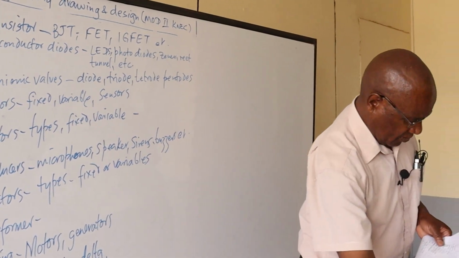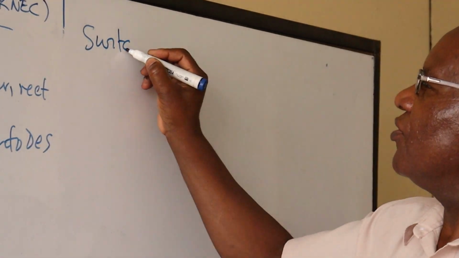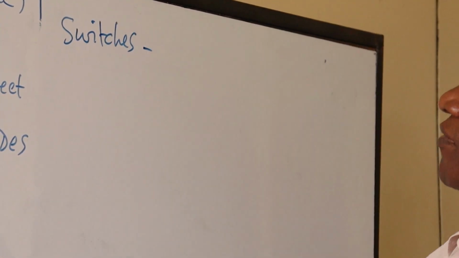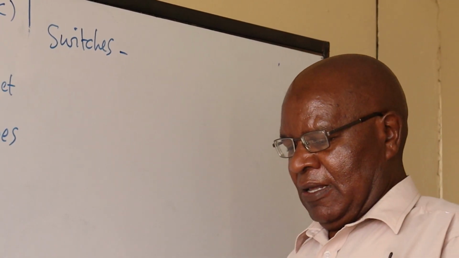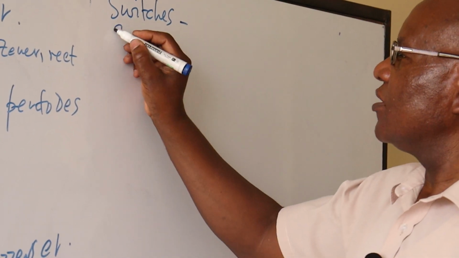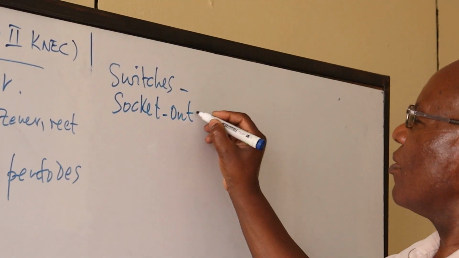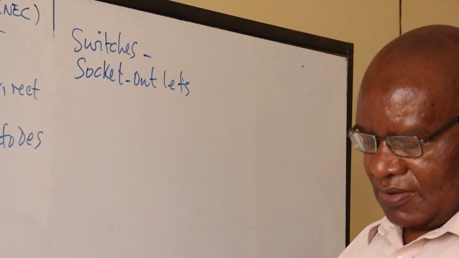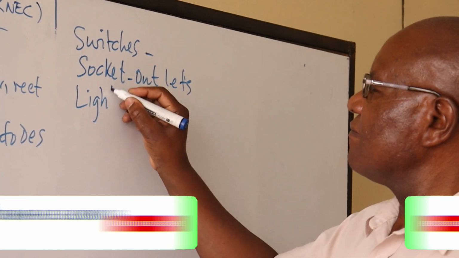All those, their symbols, you need to be able to recognize them, reproduce them, and use them in your drawing. Then you have got switches when it comes to the electrical installation. Various types, single pole, one-way, intermediates, and the like. Then we have got socket outlets. Then we have got lighting fixtures.